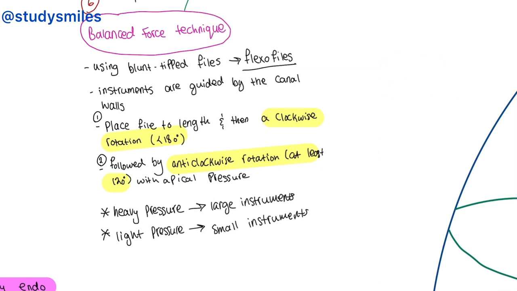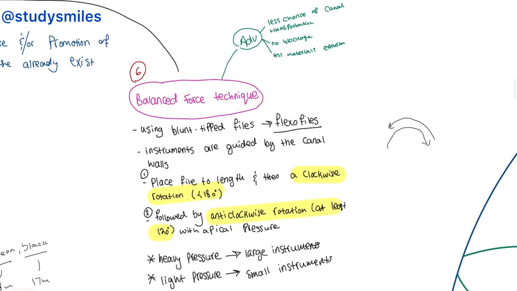You do these types of movements. Let me draw it. Like this, and then again the same here, just less. That's the type of pressure you use. The advantages of this are that there's less chance of canal transportation, there will be no blockage, and also less material extrusion.